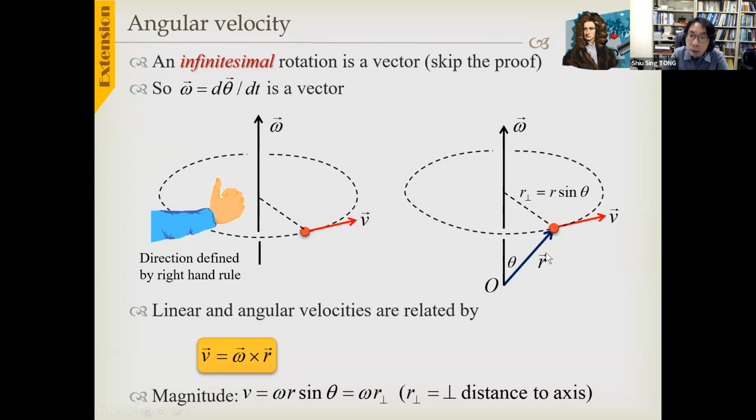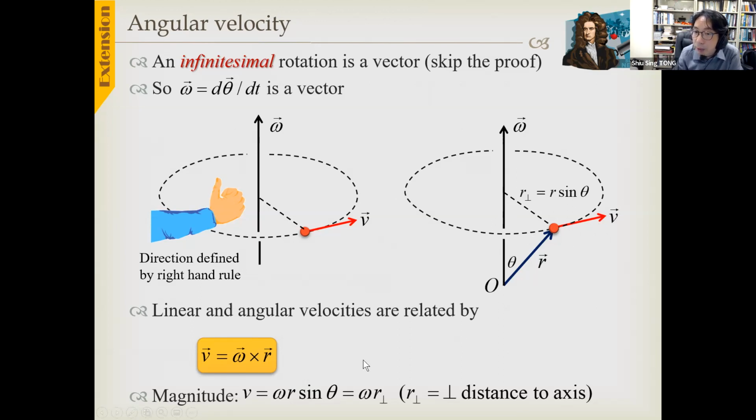I claim that v, r, and omega are related by this cross product. v is equal to omega cross r. Now, why is it so? First, I look at the direction. If I start with the omega vector, which is in the upward direction, I cross with the vector r, I will find that the cross product gives me a direction in the tangential direction, which is the direction of v.